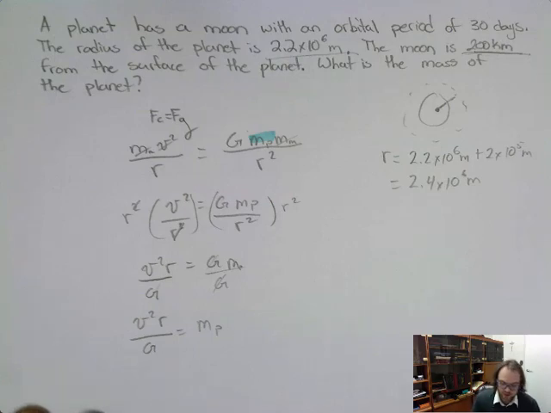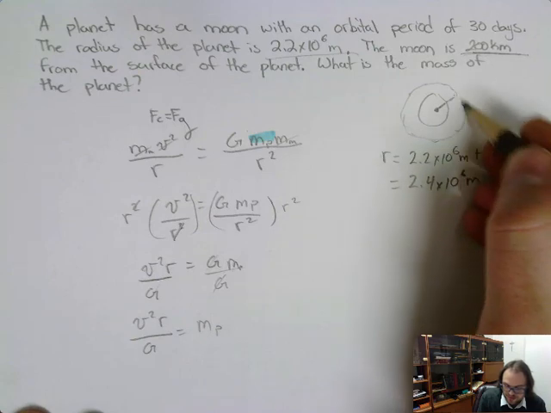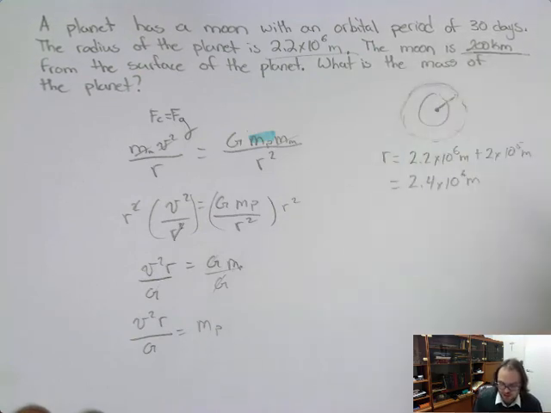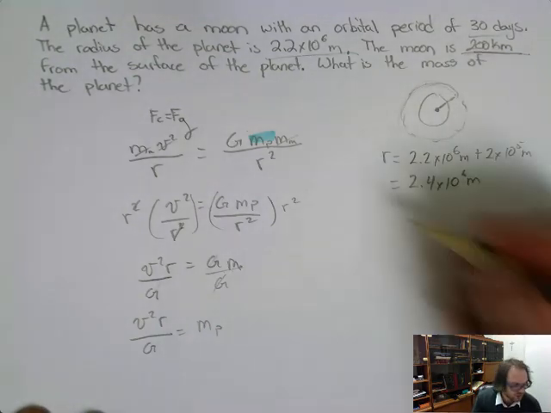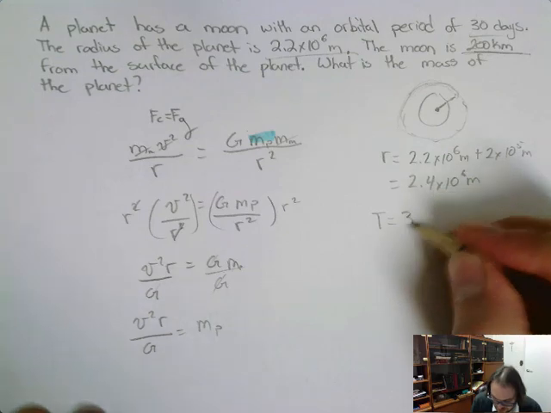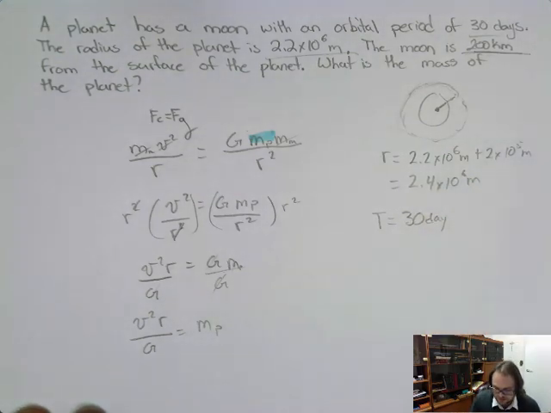Okay? We also have to look at what else I know, my period. My distance around is the circumference, and I have to figure out how long it takes to go around it. We know that's 30 days. So in this case, my period is equal to 30 days, and we want to get that to seconds.